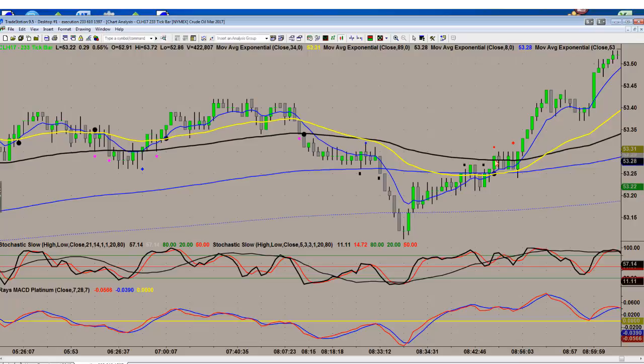And this black dot's kind of underneath there. We're looking for a potential 89 bounce sell because the 89 is going down. Not very much though.